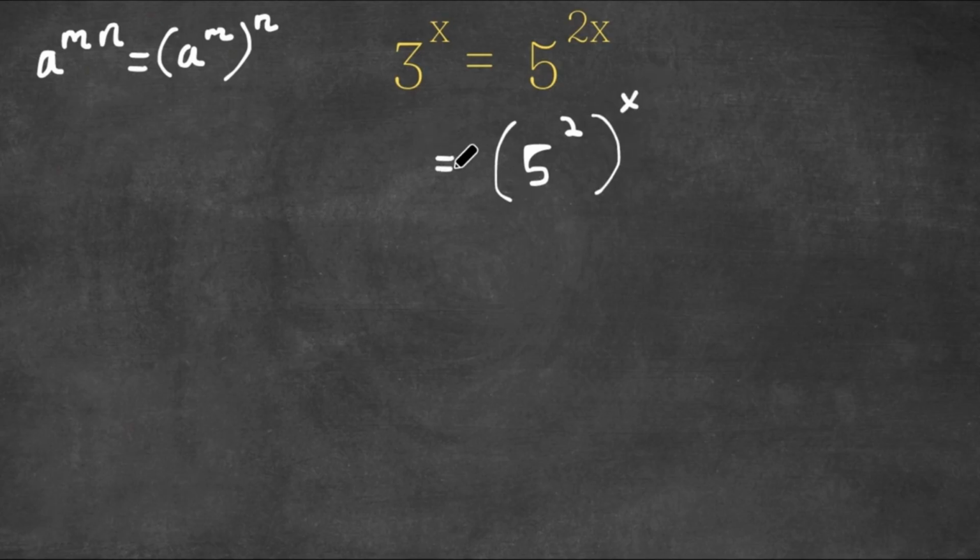And now this is still equal to 3 to the power of x. Now let's simplify this a bit. 5 squared is 25. So now we have 25 to the power of x is equal to 3 to the power of x.